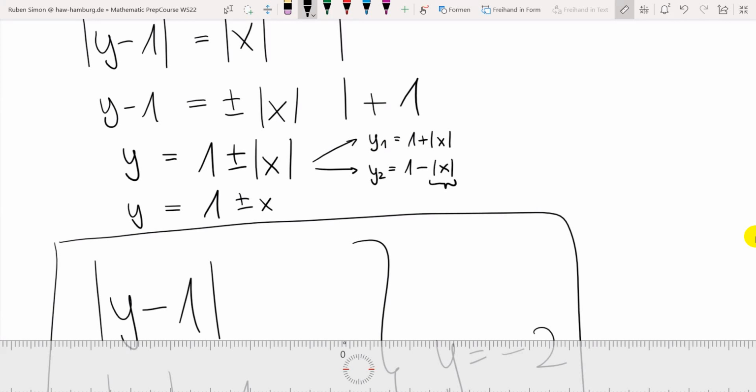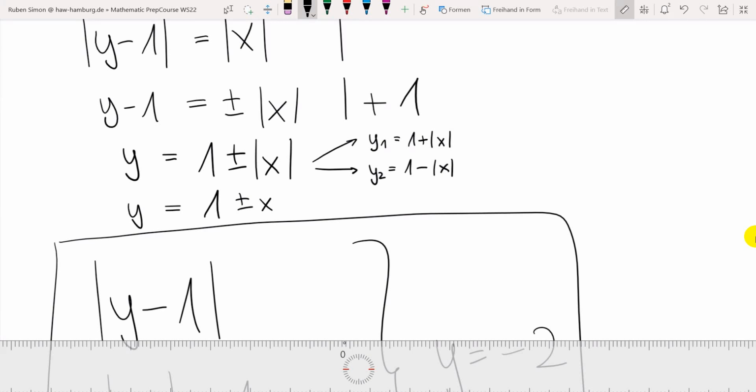And now you have two functions: in one, the positive x is added to 1, and in the other, it's subtracted from 1.